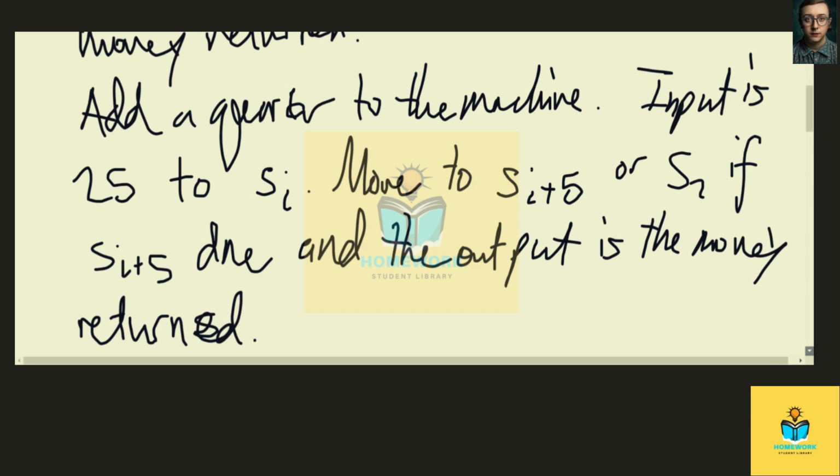So we considered all the different inputs in terms of money. Now let X represent that we hit the button for a soda pop.